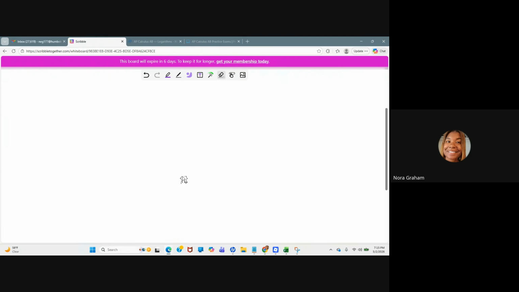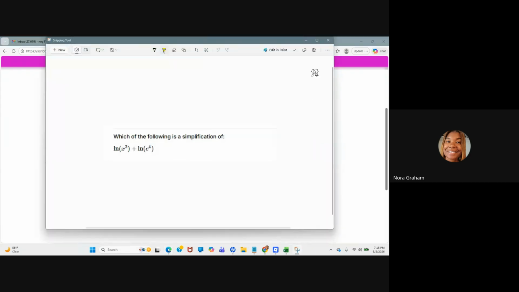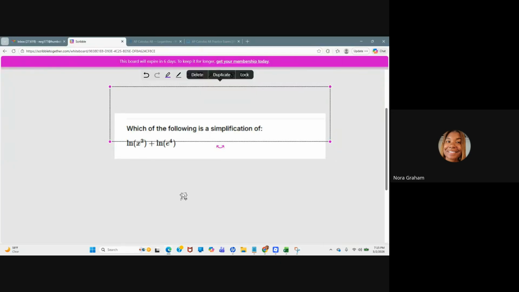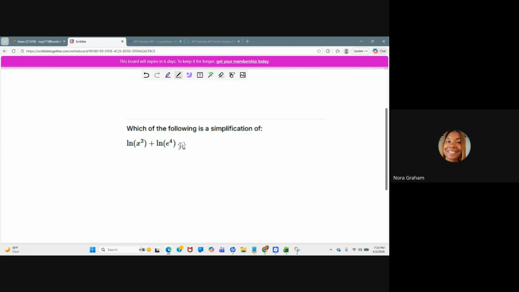I don't think I have that property on my sheet, so I'll write it down as we do this problem. See that ln e? There's a property that helps us out with that. ln e to the power of anything, we'll write x, is just going to give you that exponent x. That's what it's equal to.